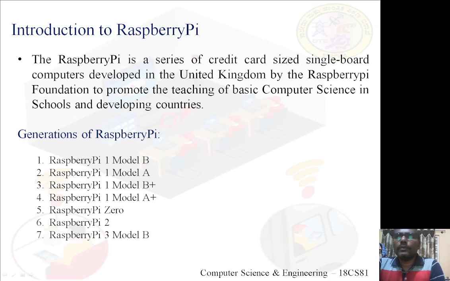Now let us have a look at generations of Raspberry Pi. There are several generations of Raspberry Pi. So what does generation mean? From one generation to the next, it's just a generation gap.